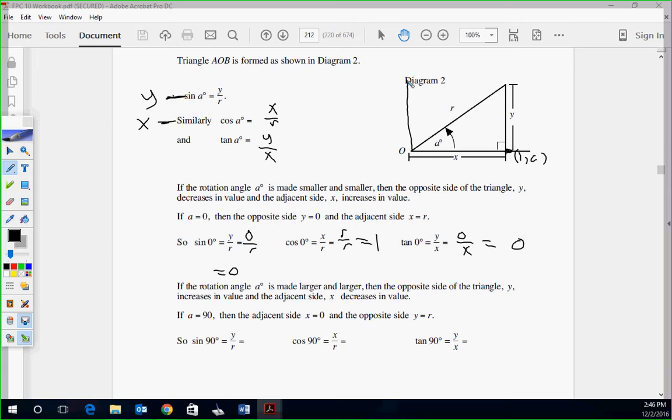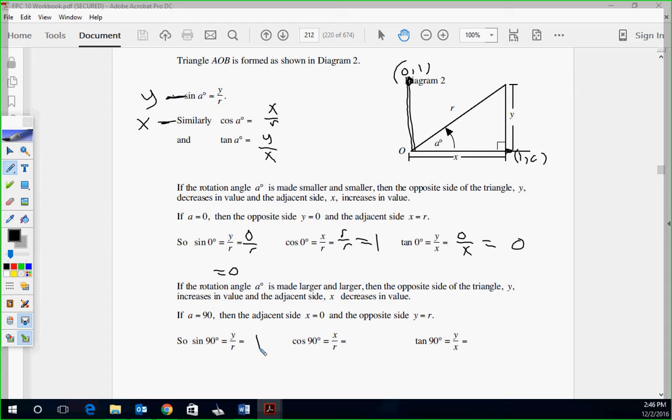So it's essentially stacked on top of itself again, but just on this spot. So this is going to be 0, 1. Sine there is y, correct? So it's going to be 1. It gets r over r again.